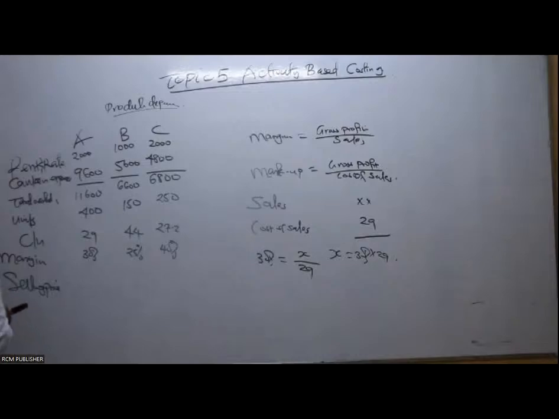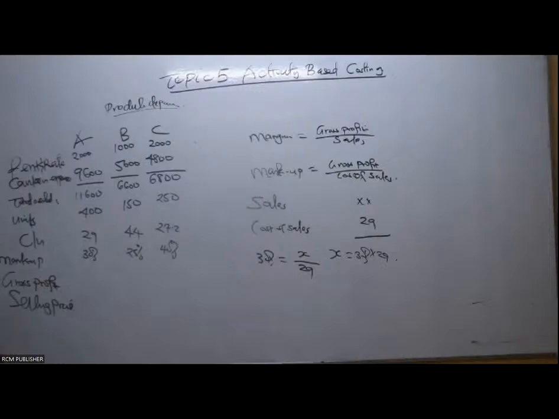So if I have markup, I should be able to get to gross profit, and then finally I can get to selling price.